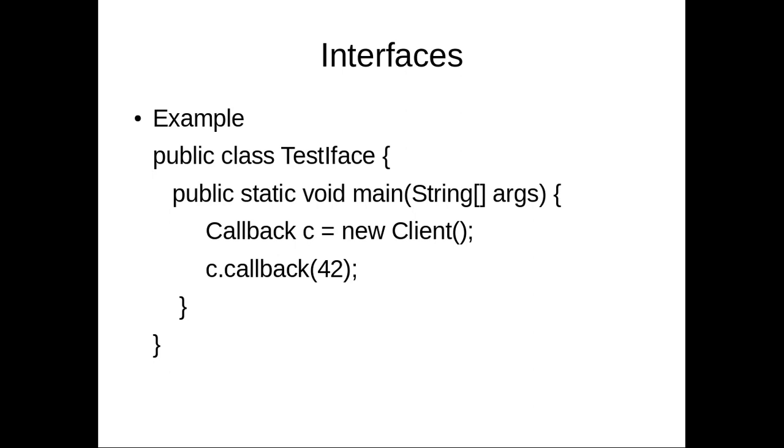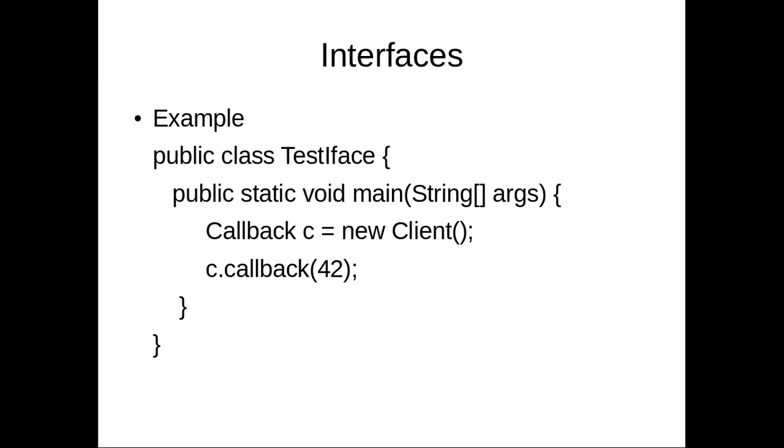Now interfaces: public class TestInterface. Here public static void main, inside that you have Callback c = new Client(). Here Callback is actually an interface reference, and new Client means Client is a class which is implementing the Callback interface, and this c is referencing that object.